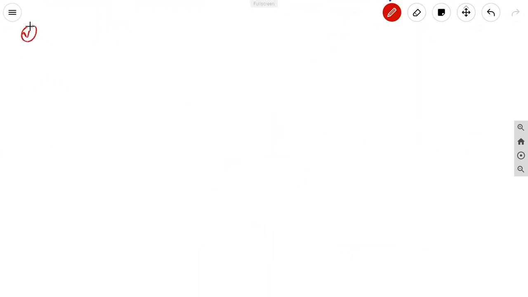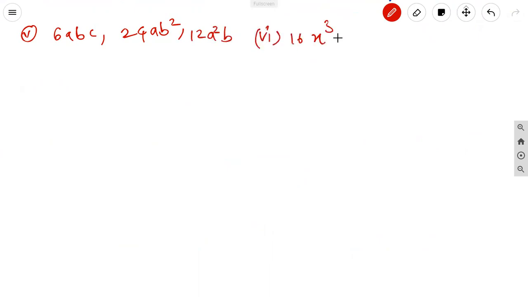Fifth question is 6abc, 24ab square, 12a square b. Sixth one, 16x cube minus 4x square, 32x.